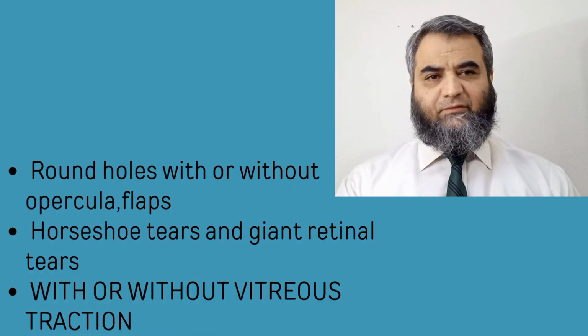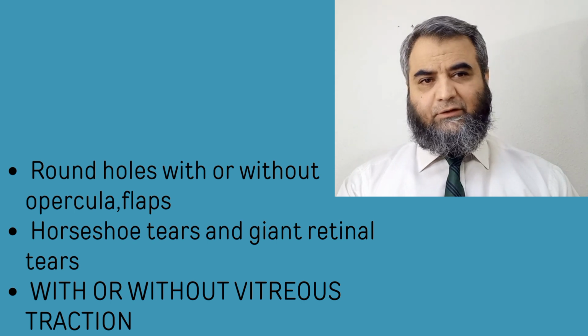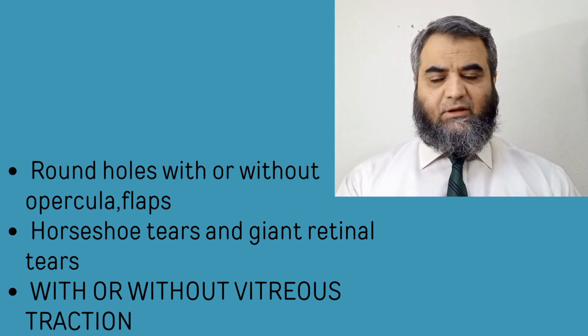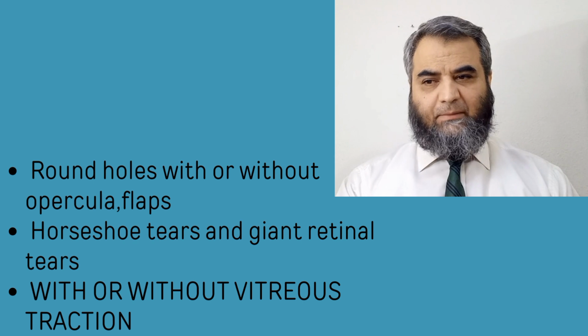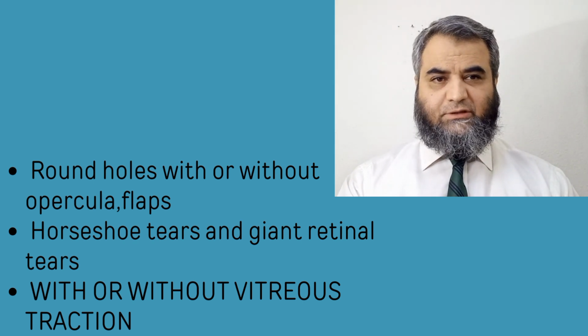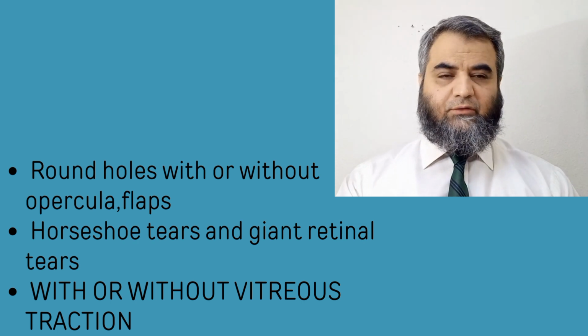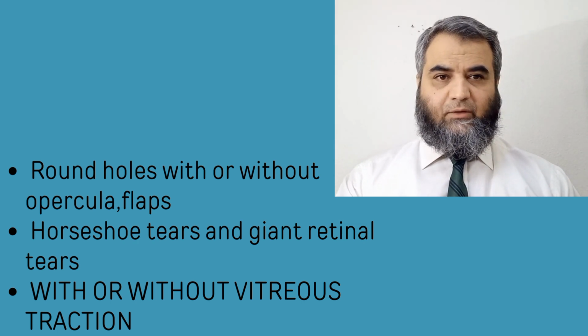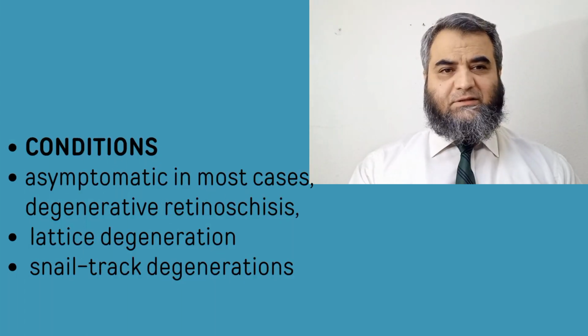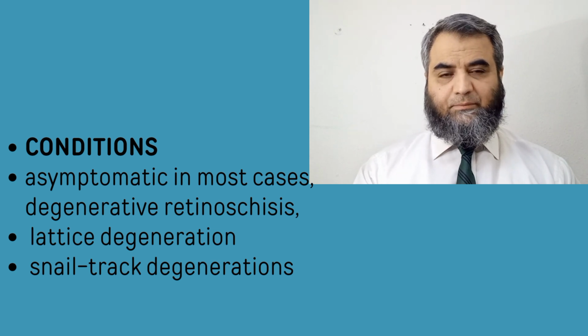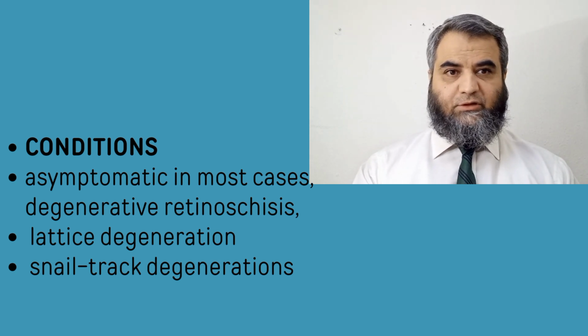Retinal breaks may be of different types. They may be atrophic retinal holes, they may be with or without operculum, flaps, they may be horseshoe-shaped tears, and they may be giant retinal tears with or without vitreous traction. So there are different types of retinal breaks. In many circumstances, they are asymptomatic; they are not causing flashes, photopsias, decreased vision, or detachments.